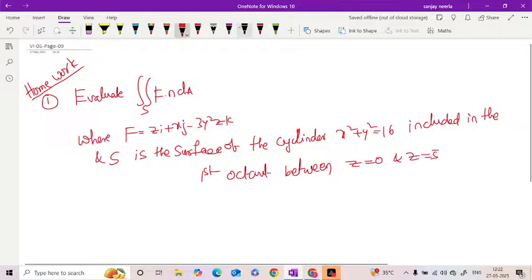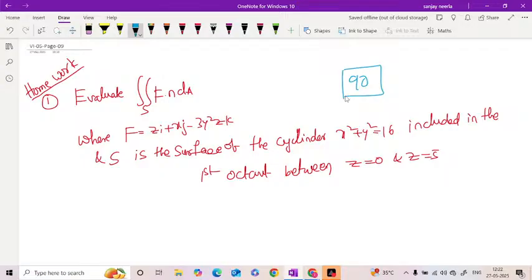The result is 90. This is the first problem.